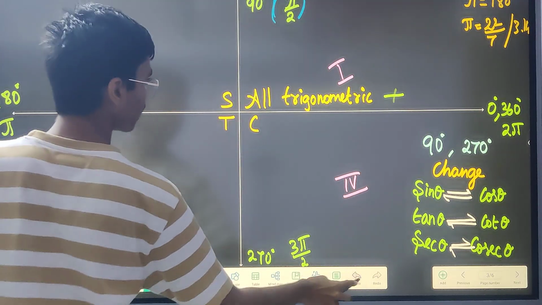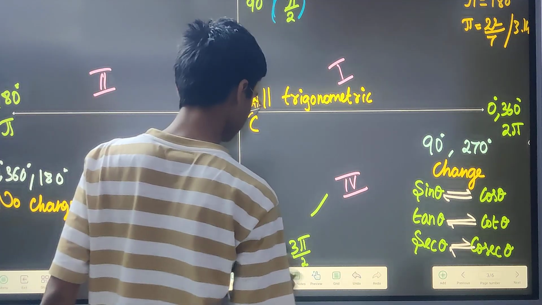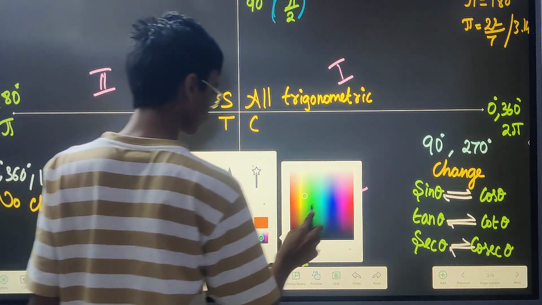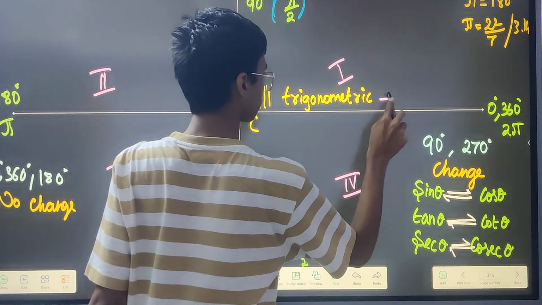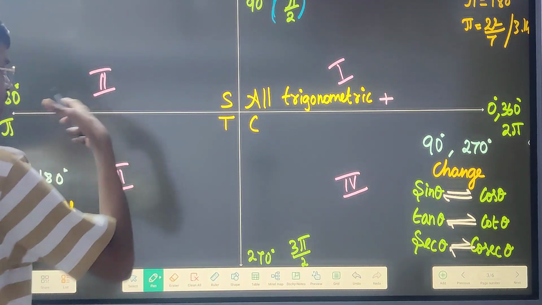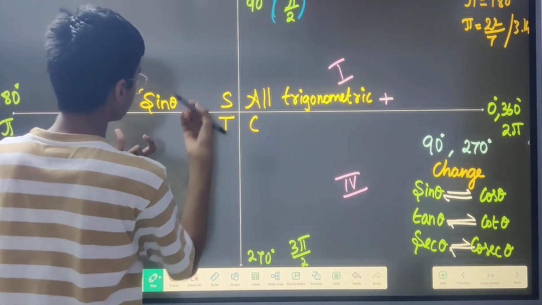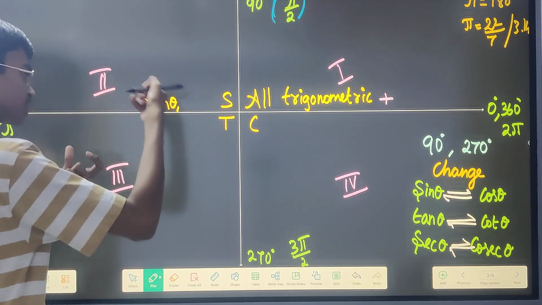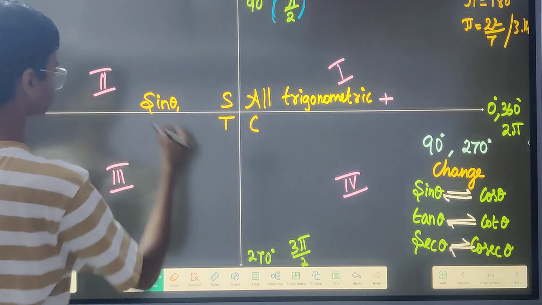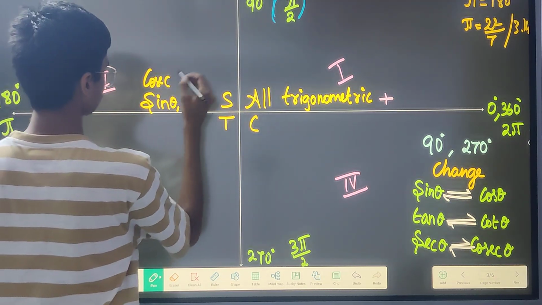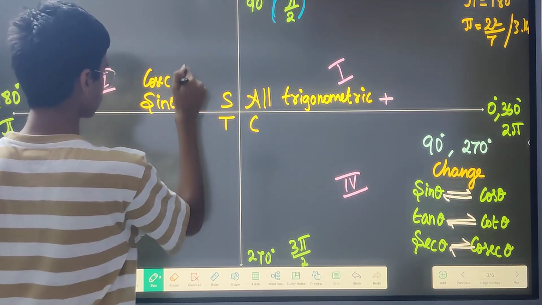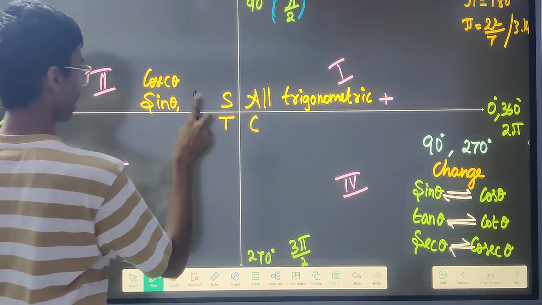Well, in this other case, only sine theta and its exact reciprocal, cosec, these two are positive.